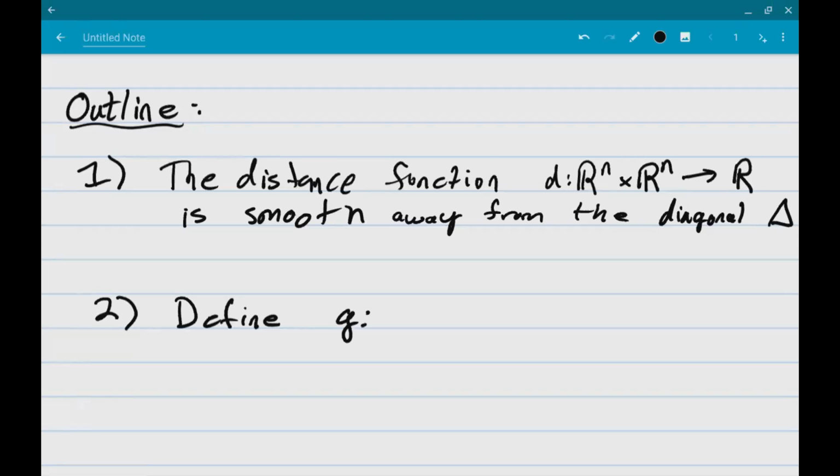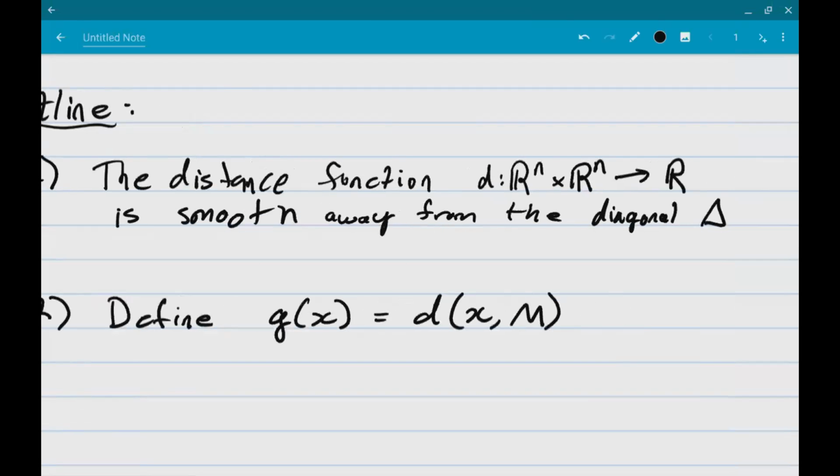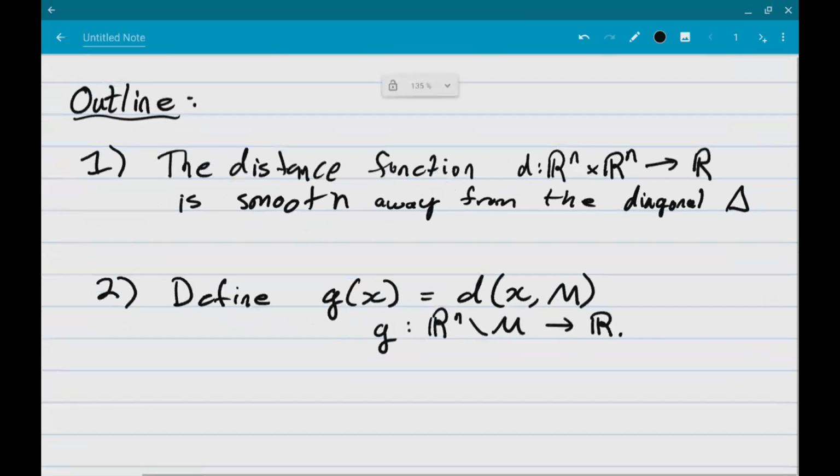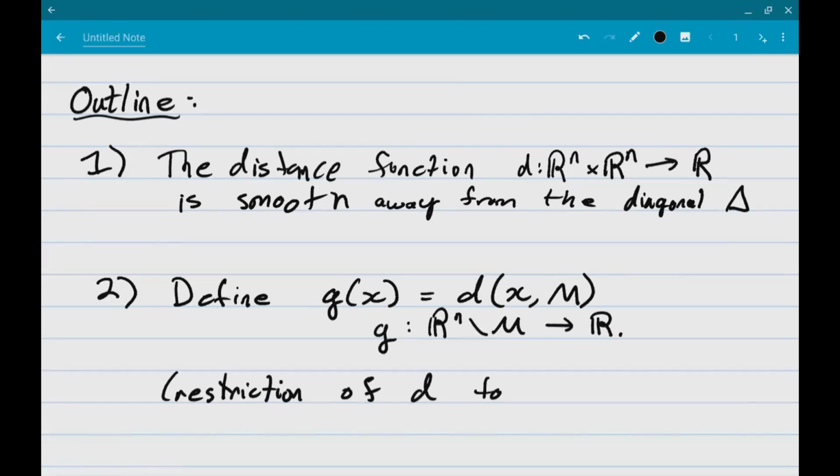So we're going to define G of X to be equal to the distance between X and M. This makes G a function from R^n minus M into R. This is also smooth because it's a restriction of D to the open set R^n cross M, or R^n minus M.